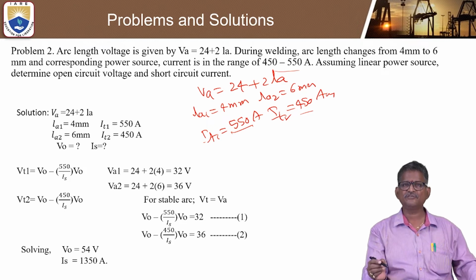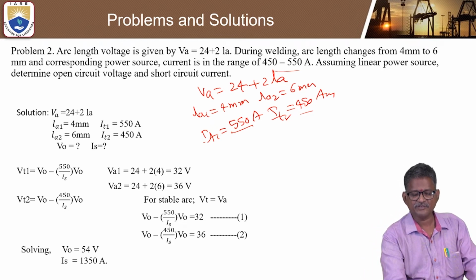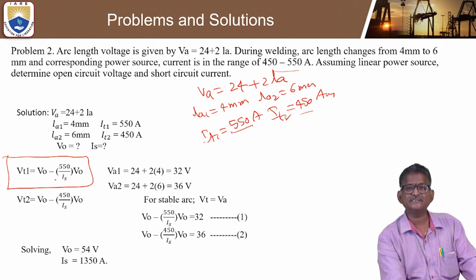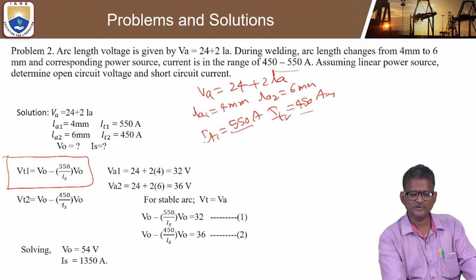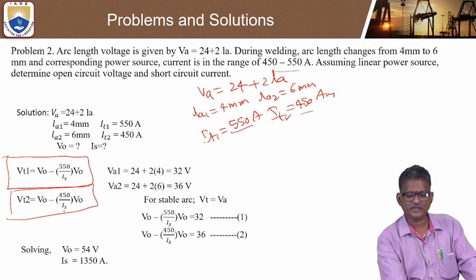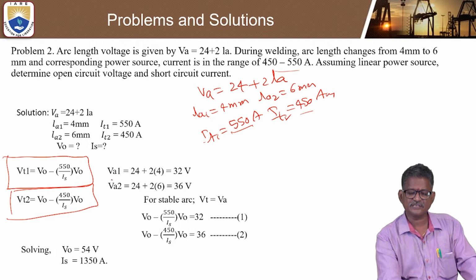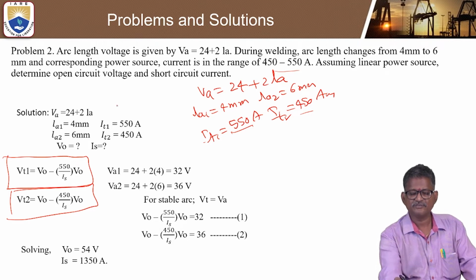Now let us see. As you know, the equation for VT1 is equal to V0 minus 550 by IS into V0, and the second relation is VT2 is equal to V0 minus 450 by IS into V0. First we can calculate the voltage with this equation.